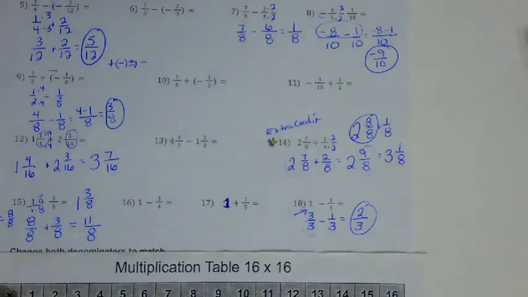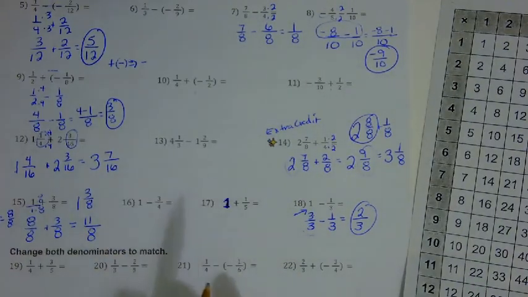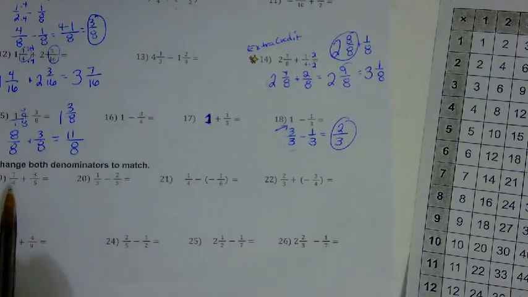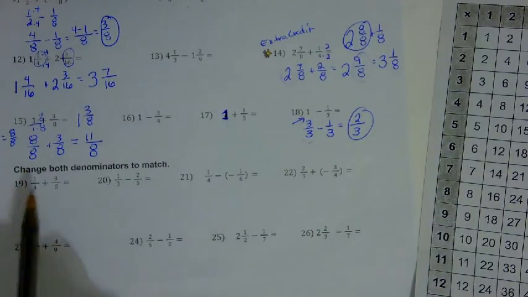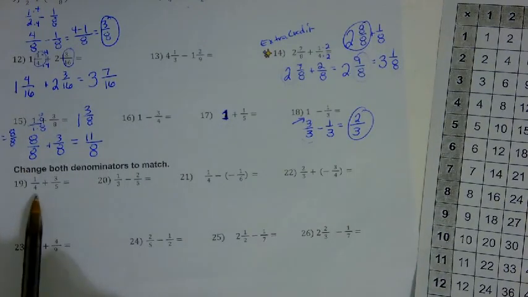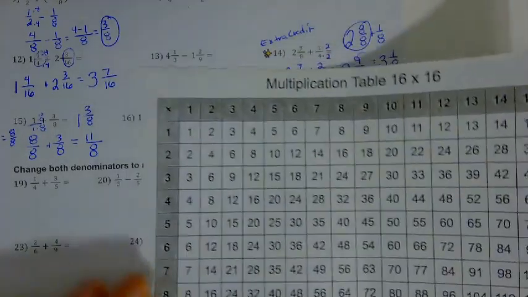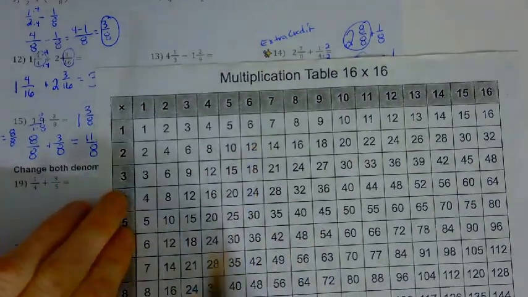Okay. Now in the next section, we have to make these two denominators match each other, but you can't just make a 4 look like a 5 or 5 look like a 4. You have to change both of these fractions. So one of the ways you might want to do this is look at 4 and 5. There's our denominators, 4 and 5, and see when do they share a common multiple.